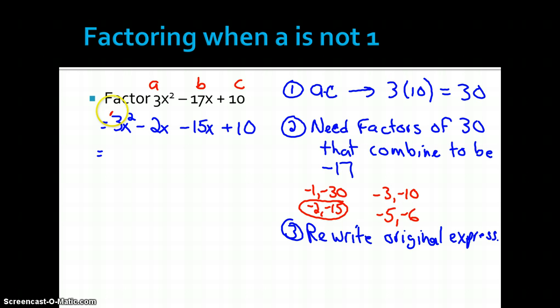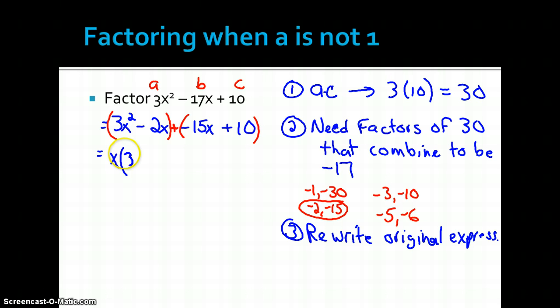Now what we do is we group this term and we group this term. And we can put a plus sign between those because we're combining those two terms together. What we do is we take the greatest common factor of these two terms, which is x, and factor it out.